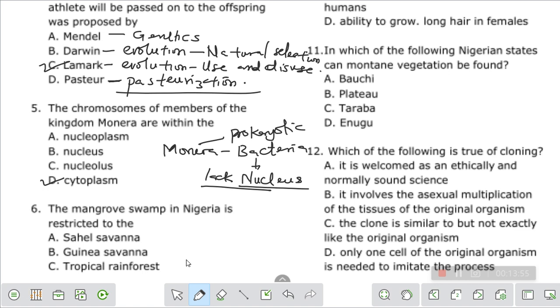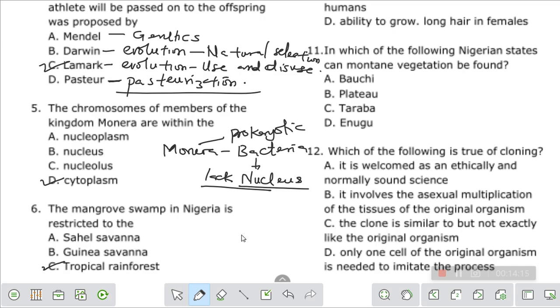Is it the Sahel savanna? Is it the Guinea savanna? Is it the tropical rainforest? So the answer is the tropical rainforest. So that's the answer.